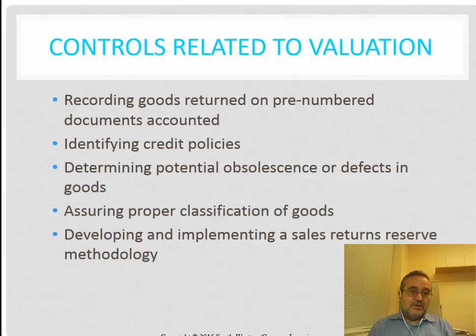We need to determine and identify the credit policies and make sure these credit policies are appropriate and they're being followed. We also need to understand any potential for obsolescence or defects in goods. We clearly want to have proper classification and develop and implement a sales return reserve methodology.